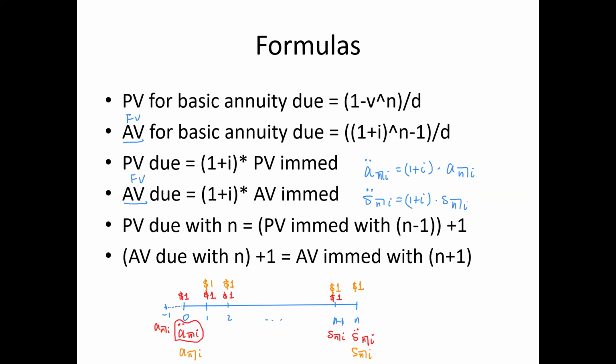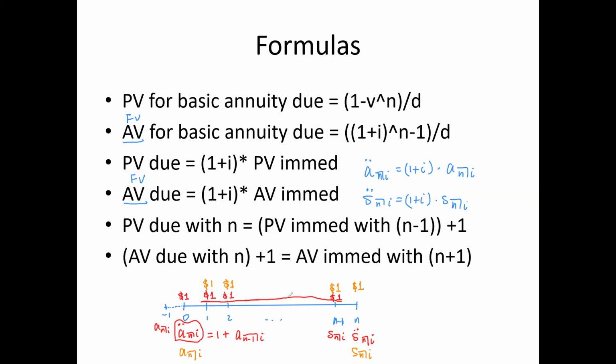You can consider it as this piece, this cash flow at $1, so that equals 1 plus the present value of this cash flow, that is exactly A sub n minus 1 angle I. It's annuity immediate because $1 is contributed at the end of each time period.